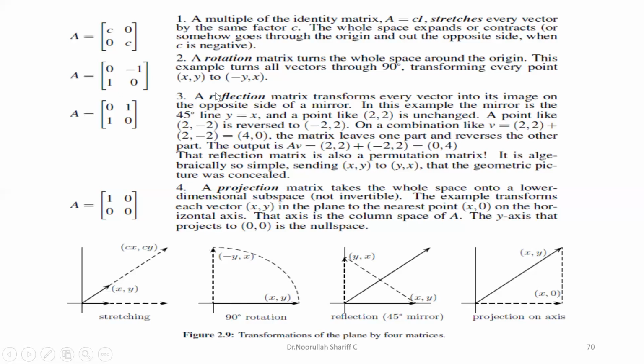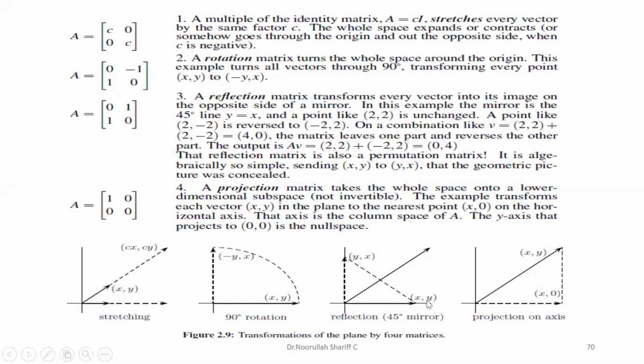Then we have the reflection matrix, which is the one we are considering here as reflecting. A mirror is supposed to be at 45 degrees, and it reflects the normal XY point to a YX point. So this gives you the 45 degrees line at which the mirror is placed.